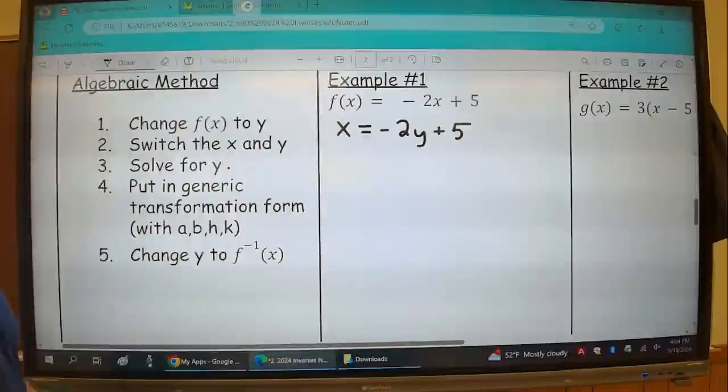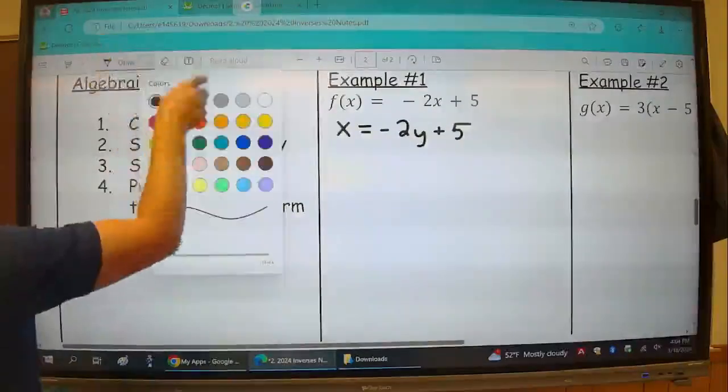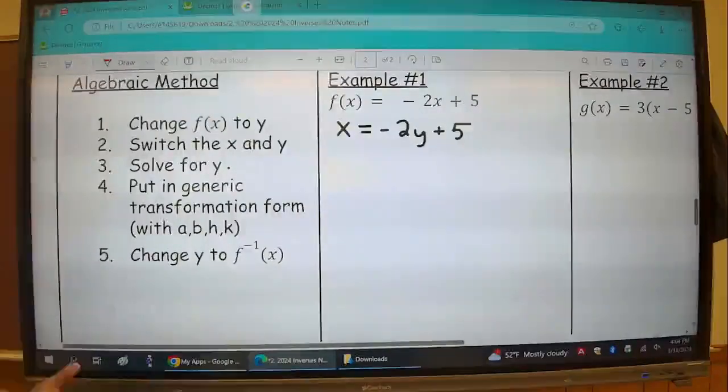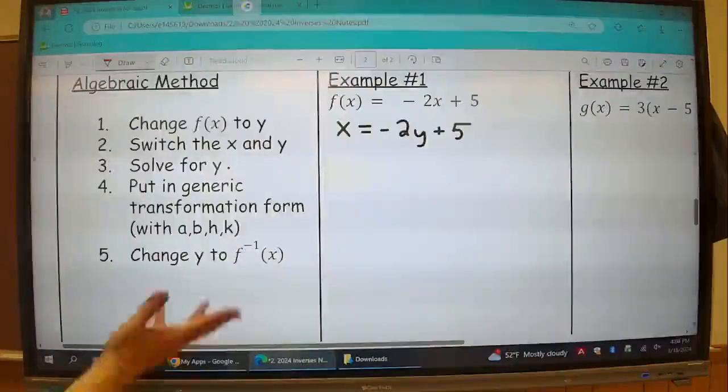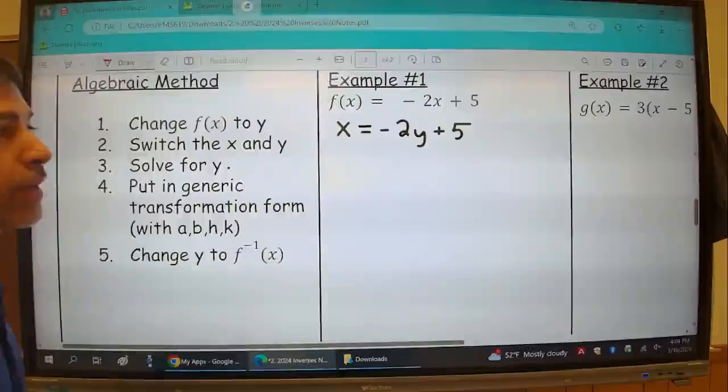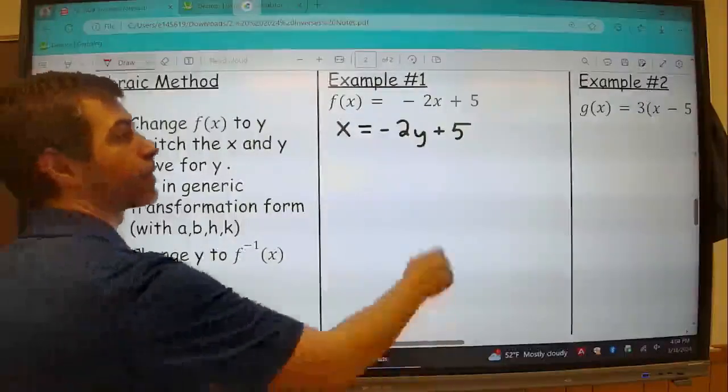We solve for y. To solve for y, I'm going to pretend like x was a number: x is 20, x is 19, x is negative pi, and I'm going to start solving it. The first thing I would do to get y by itself is subtract 5 from both sides.